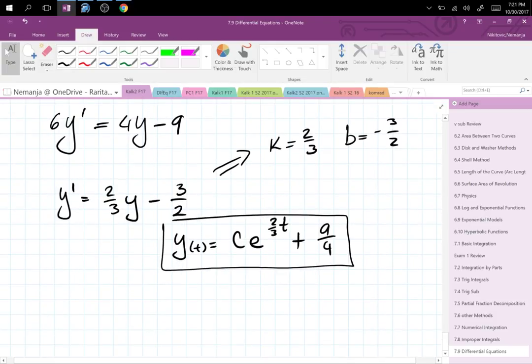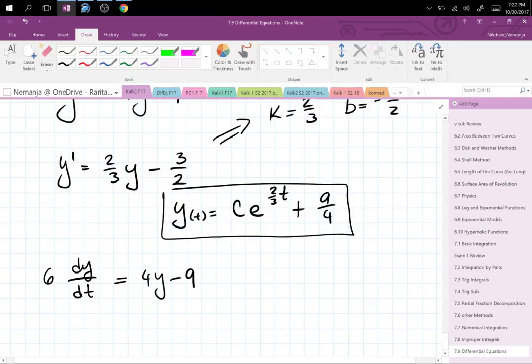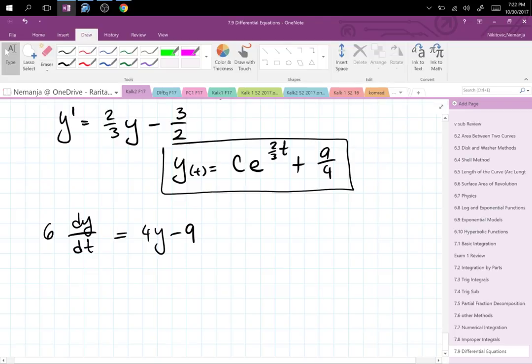But what I can do is say I have 6 dy dt is equal to 4y minus 9. I do separation of variables, and don't worry, the 6 can stay on either side. So 6 dy over 4y minus 9 is equal to dt all alone on the right hand side.